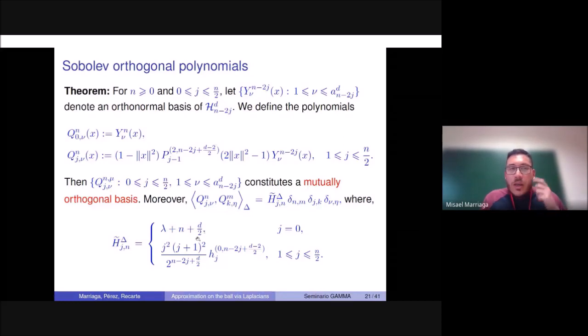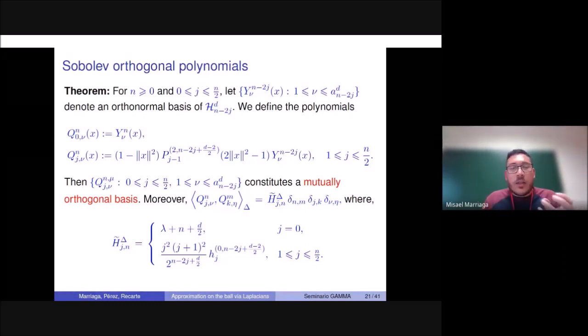So the way to prove this result is just by taking the Sobolev bilinear form evaluated at two different elements of this basis, and then making a change of variable to spherical polar coordinates. And when you do that, the inner product is going to split into two parts.